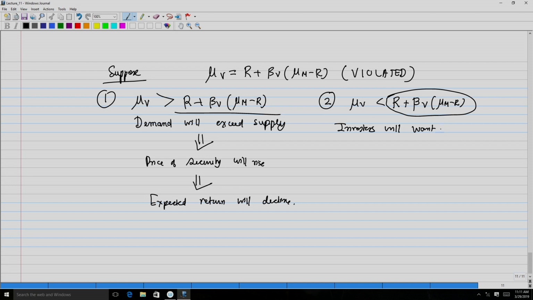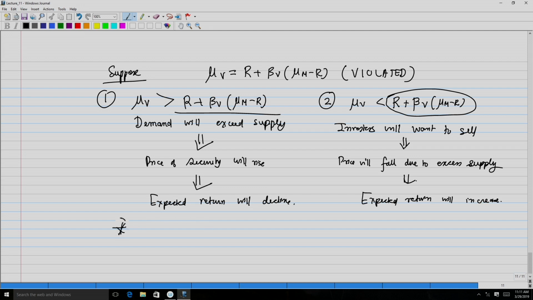When a large number of investors are trying to sell, the price will fall due to excess supply. And finally, when the prices fall, the expected return will increase.